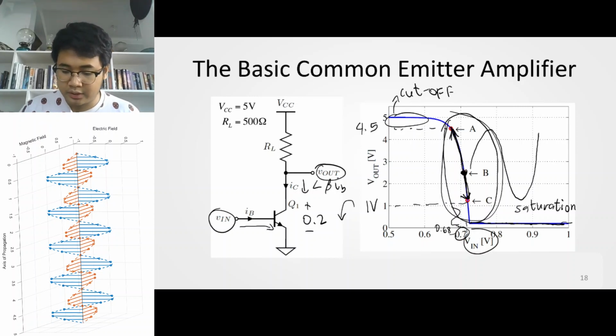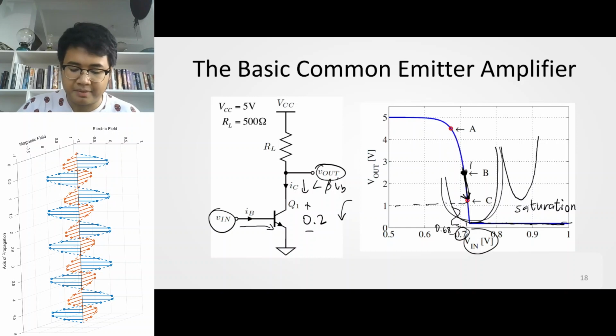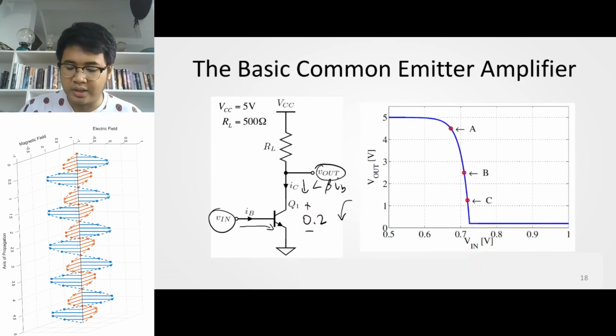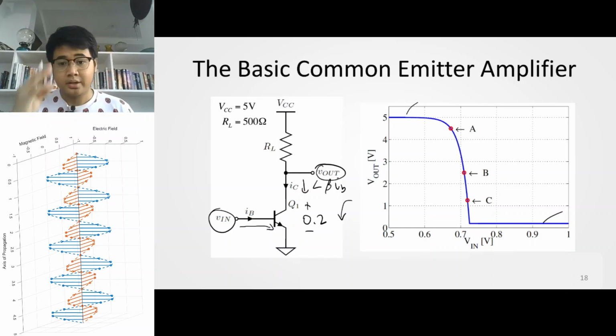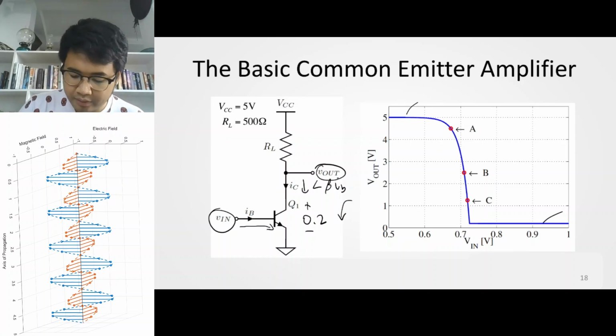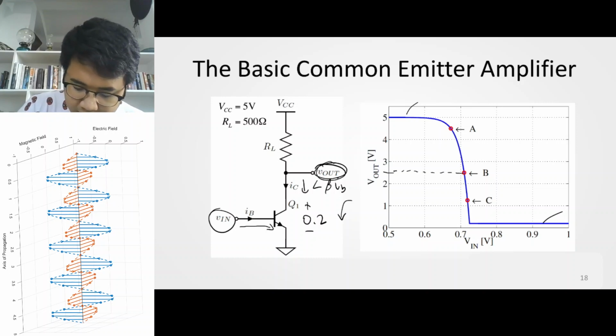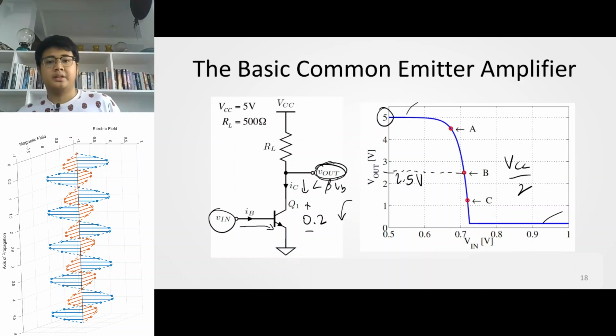Generally, if you want to have full effect or full amplification, where you ensure that you won't enter the saturation region and the cutoff region, you would want to design a Vin such that your Vout is operating initially at around the point B, which is around half of 2.5 volts. Generally, it's VCC over 2. At that point, you can operate your amplifier to its fullest.